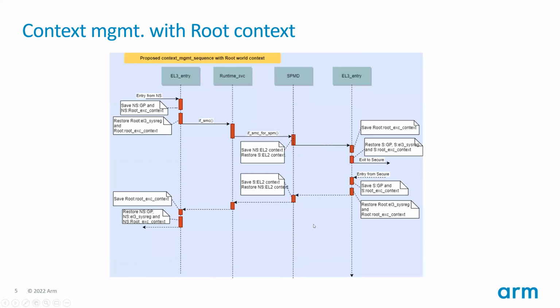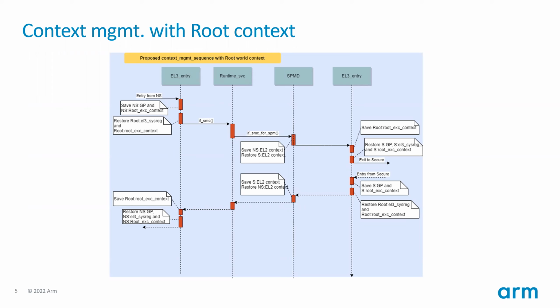And the problem is avoided because as soon as you come into EL3, we program an EL3 sysreg, which is corresponding to what is needed for EL3. Yeah, so doing this, as I mentioned, is better for robustness, and we haven't noticed any particular issue by not doing it, but we can't say for sure that this will not be a problem in future.